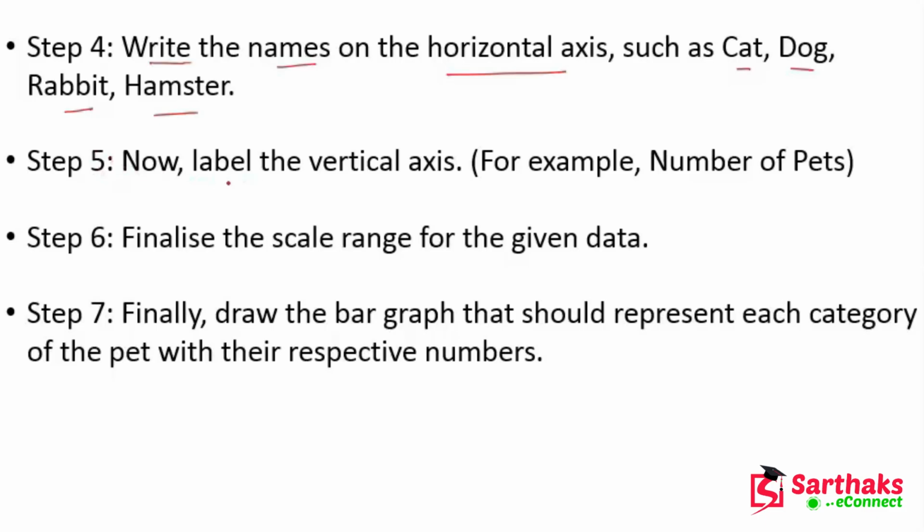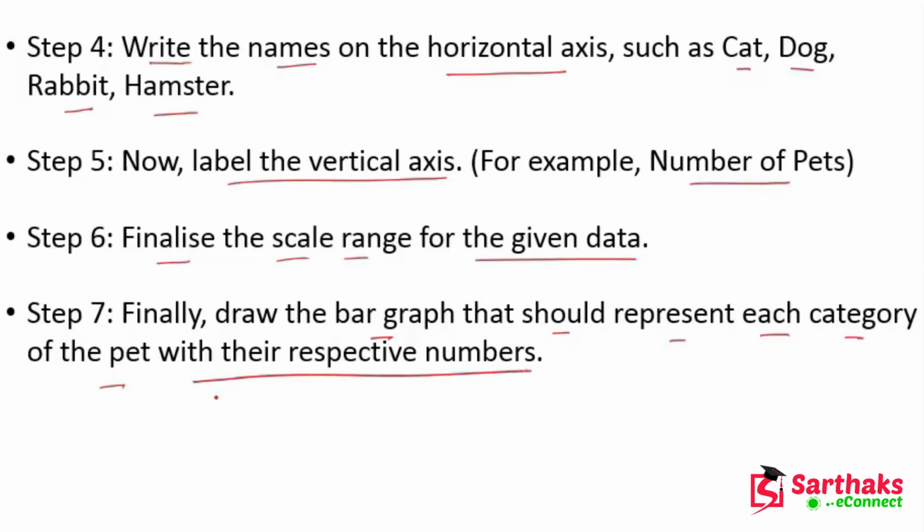Now label the vertical axis, for example, number of pets. Now finalize the scale range for the given data, and finally draw the bars that represent each category of pet with their respective numbers.